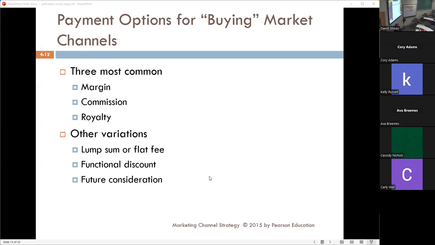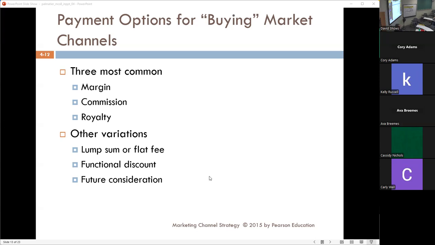If I'm a corporation and I'm looking at a downstream one that looks like they're very promising, but they have some difficulties, then I might do what's called a functional discount. A functional discount is where you're reimbursed for your expenses. And that's it.